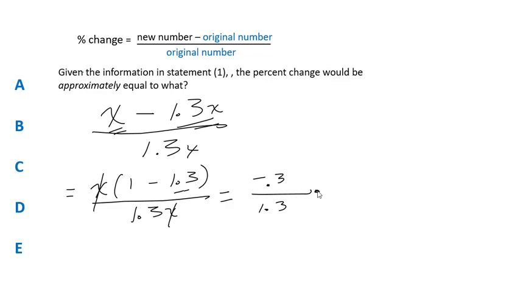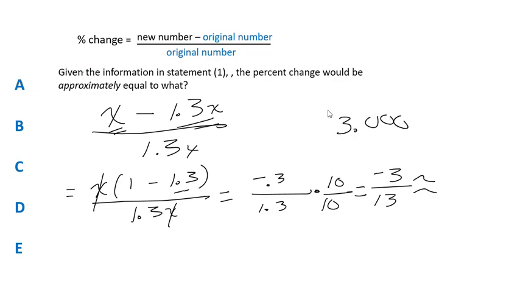I'm going to write a little dot here to multiply. So times, let's multiply this by 10 over 10 to get rid of the decimals. So now we have negative 3 over 13. And let's ask, well, that is approximately equal to what? And it actually wouldn't take much time to figure out the exact number. Suppose we write up here 3 point, we'll throw a few zeros in here and divide by 13.